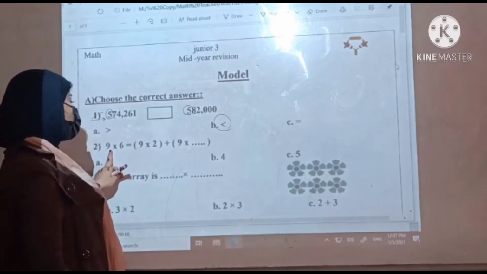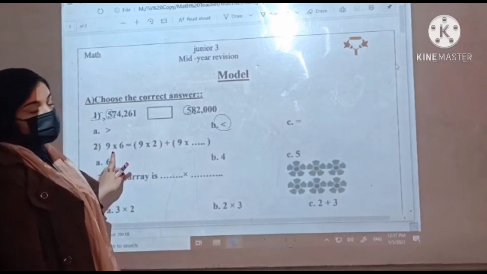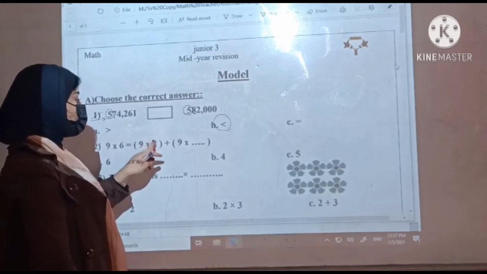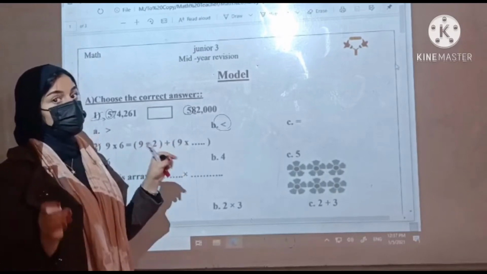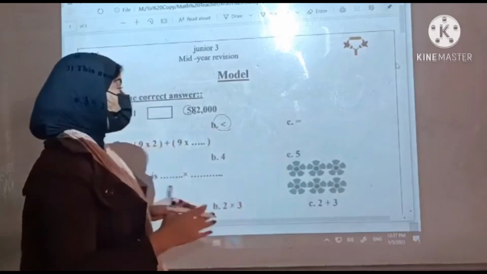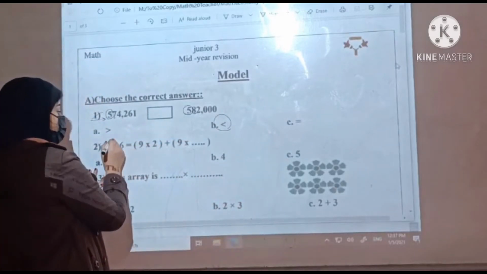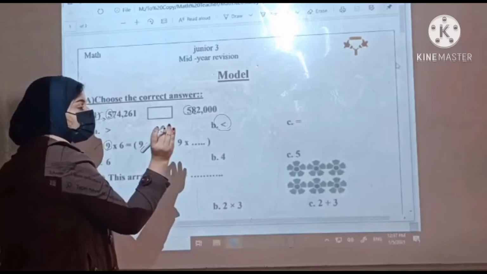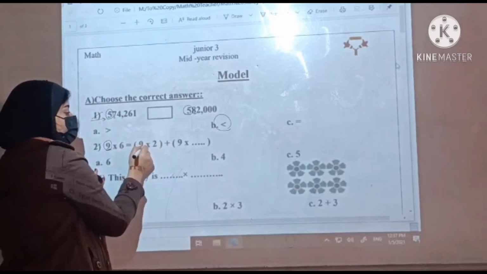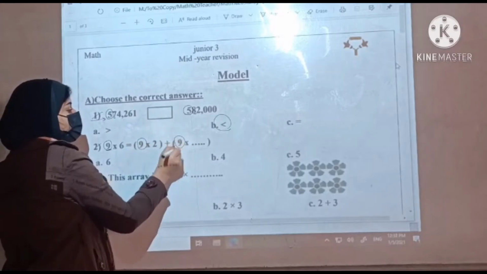Okay, here the next question. I have 9 times 6. So 9 times 6 equal 9 times 2 plus 9 times 1. So this is a distributive property. You remember? So the first number here 9, I should do distributed. So I distributed at the first. So the first here 9 and the first here 9.